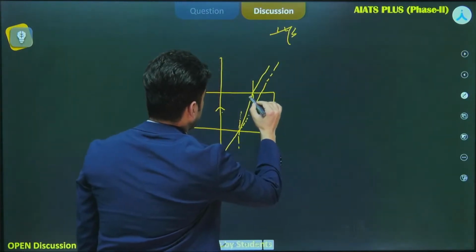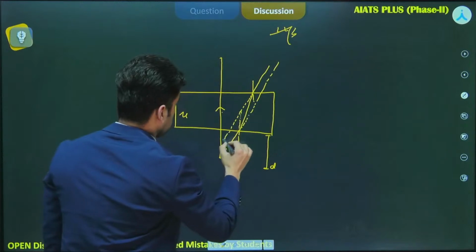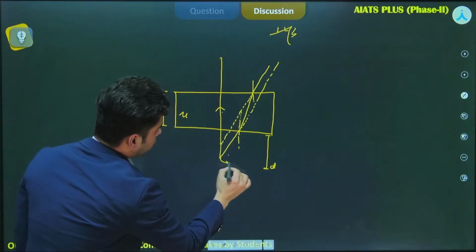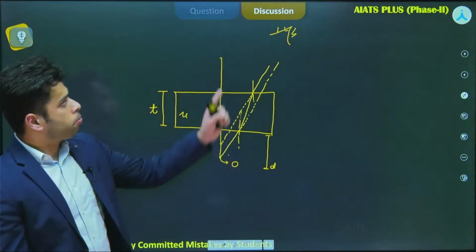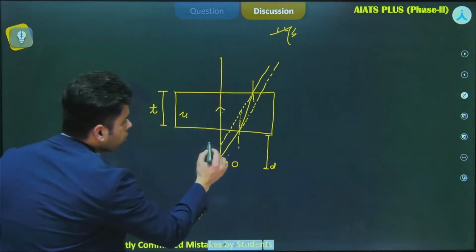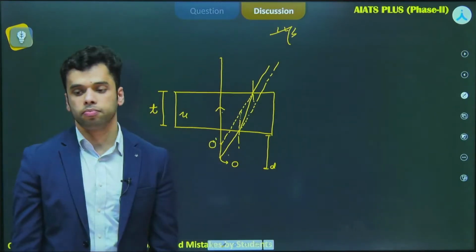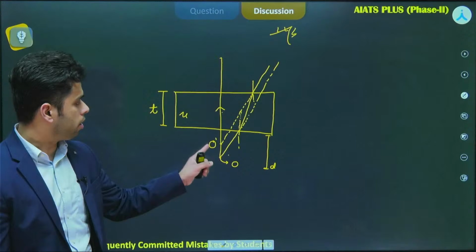So if I trace it back, if this is the original object O, the observer will see that this object appears to be raised at this point O prime, right? The observer will think that the object is not at O but at O prime.